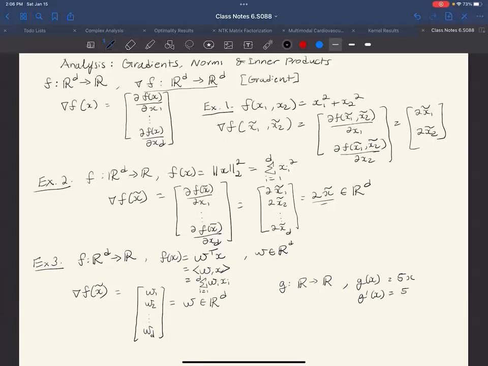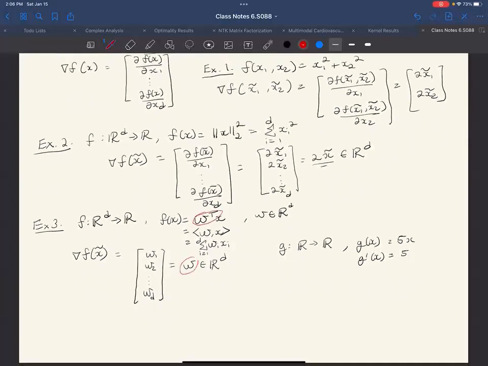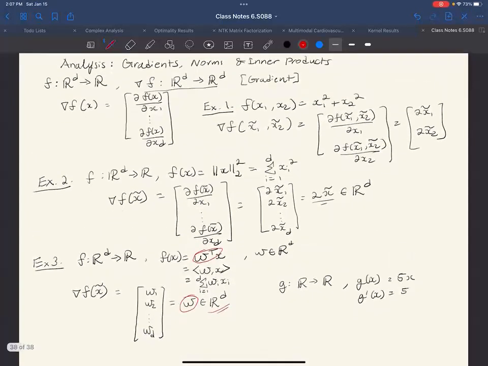We have w transpose x, but the interesting thing is that when we had a transpose, we actually had to transpose it back to get w. And one intuitive way of remembering this is that your dimensions had to check out at the end. Your gradient with respect to x has to be a function into R^d, which is the dimension of x. And so we had to take this extra transpose.